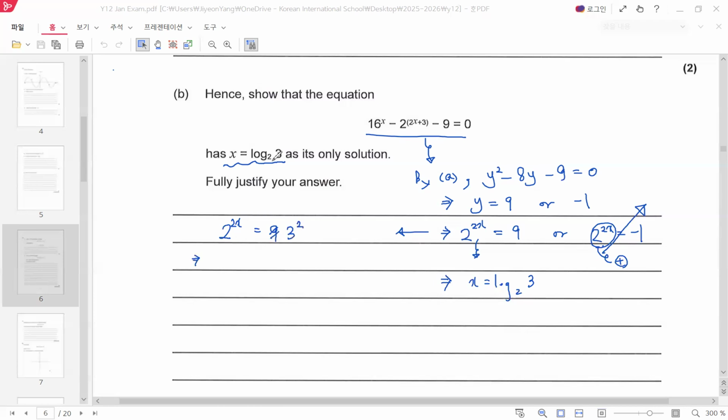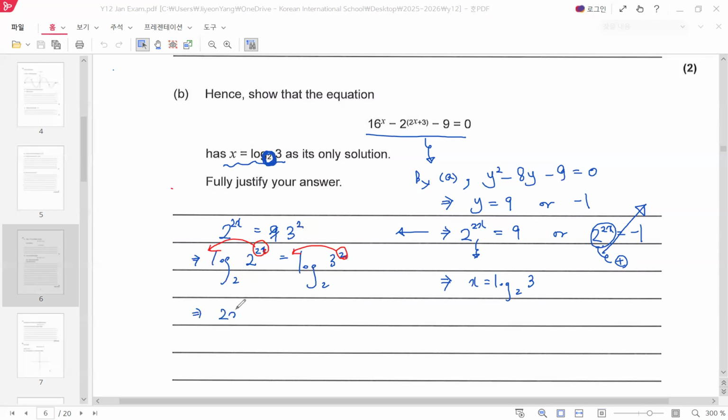Then please see the answer. The base is 2. So by using logarithm with base 2, log 2 of 2 to the power of 2x equals log 2 of 3 squared. Do you understand? And then we always practice moving this power to the front.